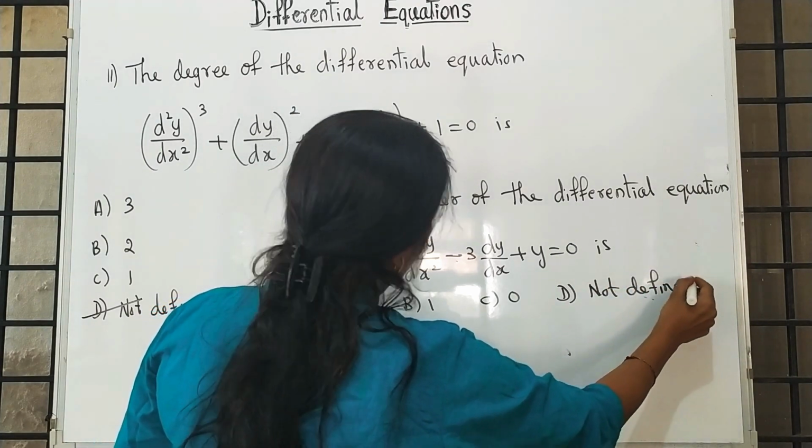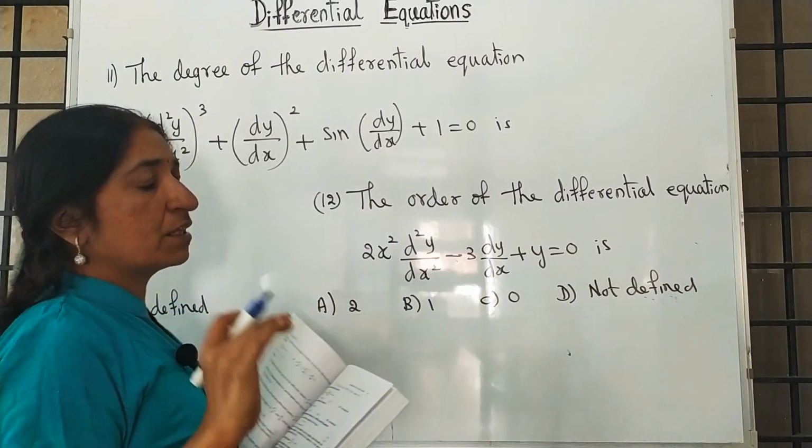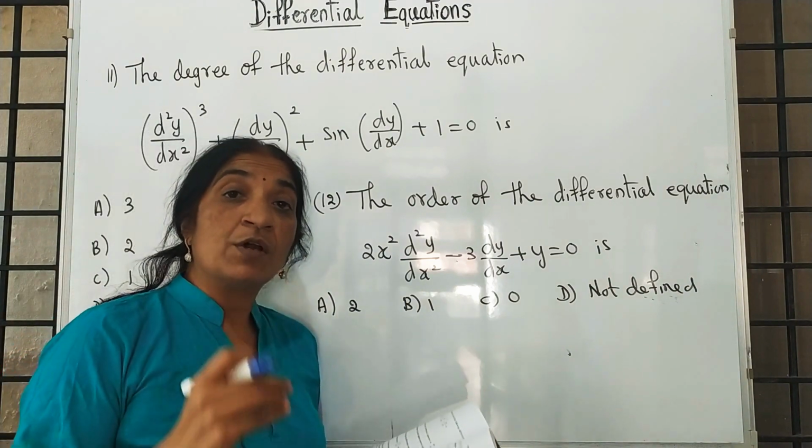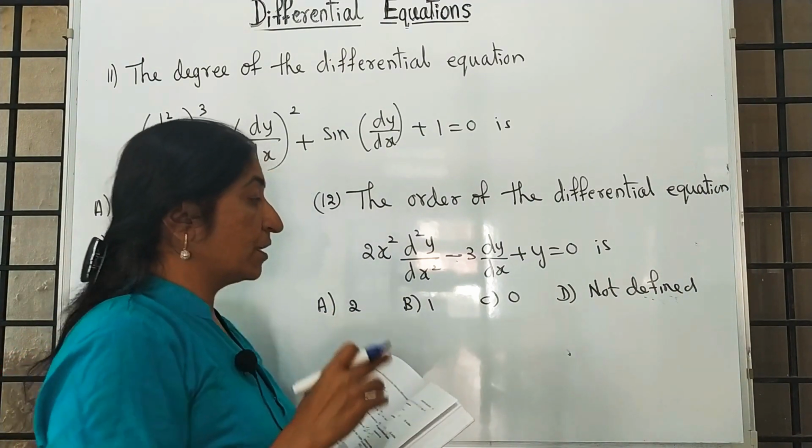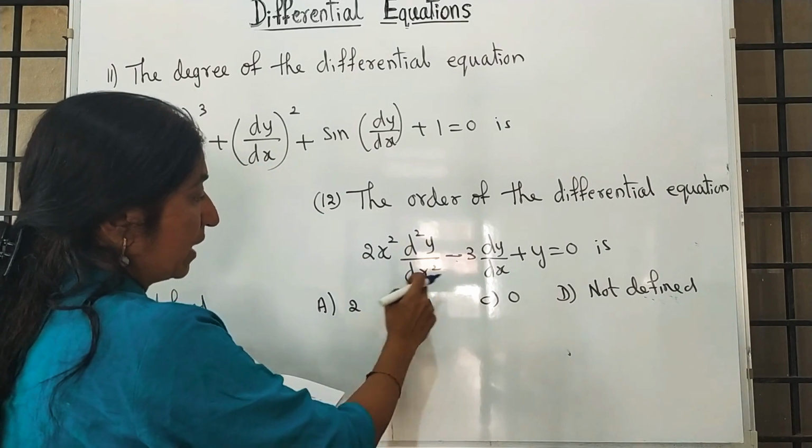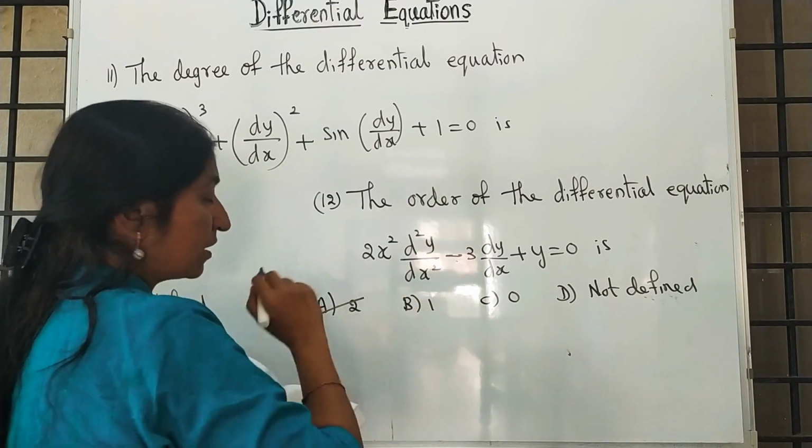See, to write the order, we just have to see the highest order derivative, maximum differentiated. So d square y upon dx square is maximum, the order is 2.